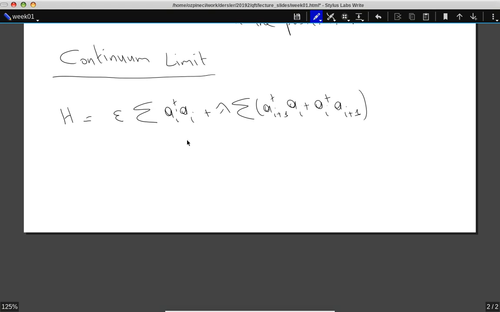To have a Hamiltonian which will have a simpler Lagrangian, let me just take this second Hamiltonian.